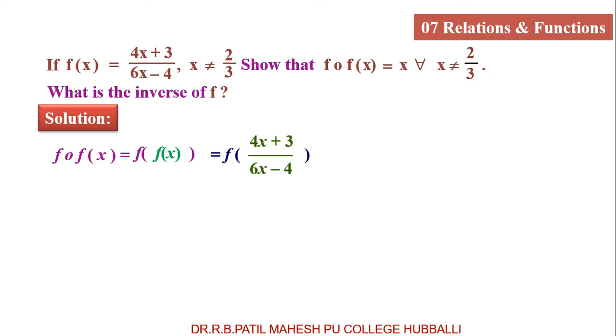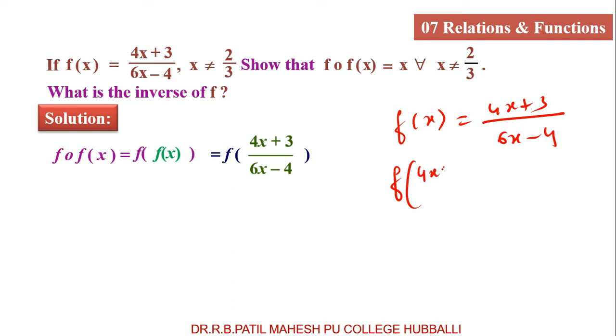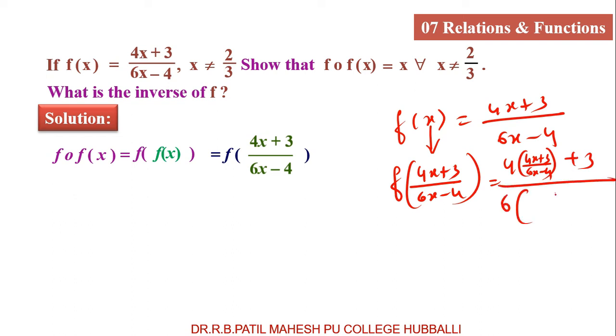Now, try to understand students, f of x is (4x plus 3) upon (6x minus 4), right? Now what will be f of (4x plus 3) upon (6x minus 4)? In place of x you have to take a big term, that is (4x plus 3) upon (6x minus 4), plus 3. 6 into again x, that big term (4x plus 3) upon (6x minus 4), minus 4.